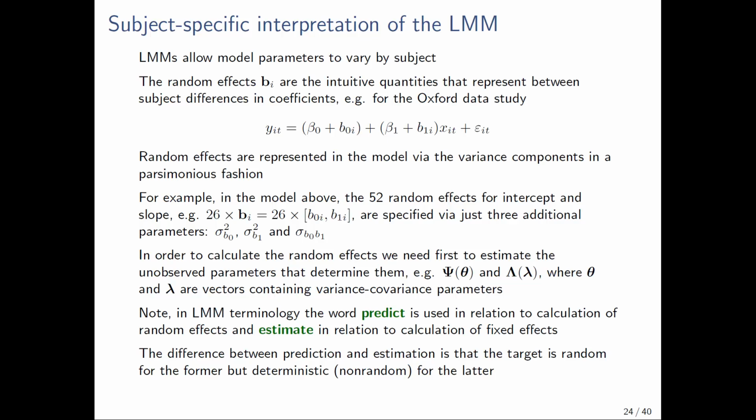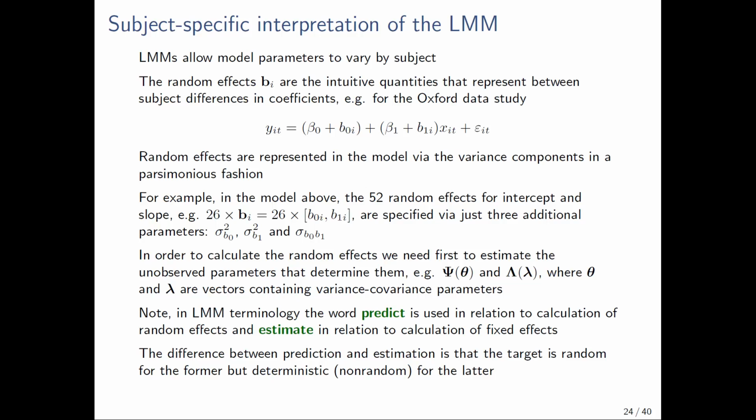To calculate the random effects, we first need to estimate the unobserved parameters that determine them. Psi is a function of theta, and big Lambda is a function of small lambda. One point of terminology: in linear mixed model language, we predict random effects while estimating fixed effects. I mentioned that earlier.